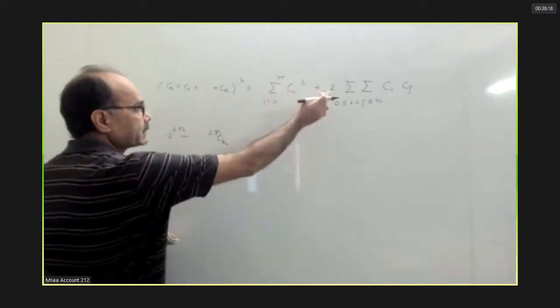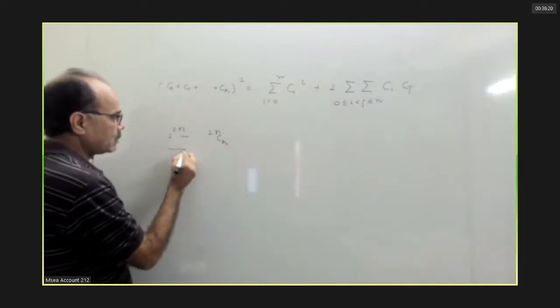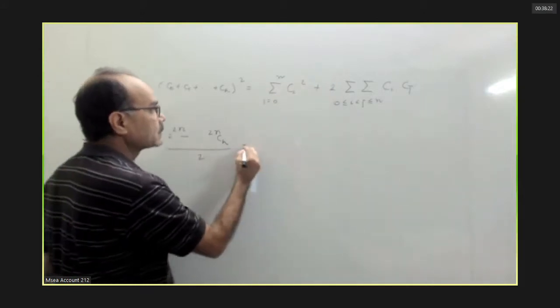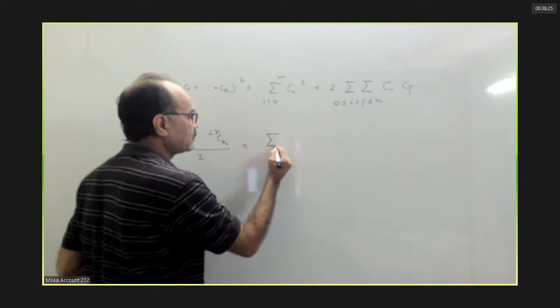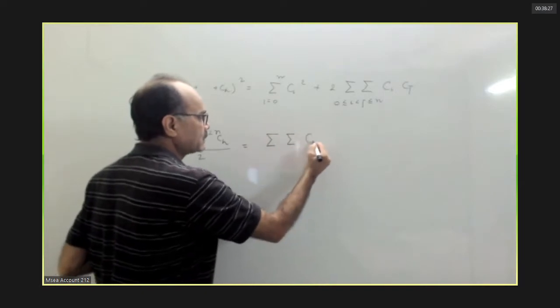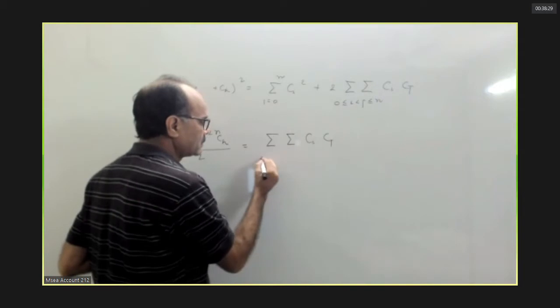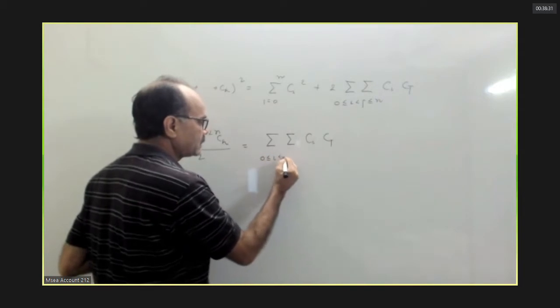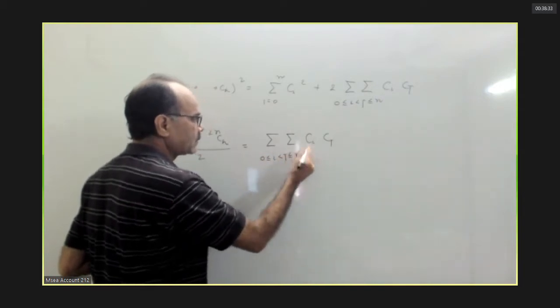Whole thing divided by 2. This value, (2 to the power 2n minus 2nCn) divided by 2, equals double summation of Ci Cj, 0 less than or equal to I less than j less than or equal to n.